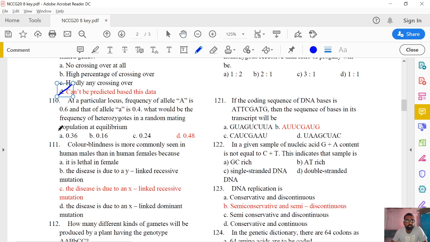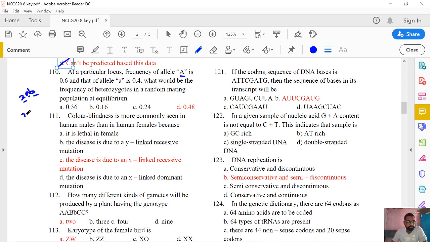At a particular locus, the frequency of A, the dominant allele, is given as 0.6 and the recessive allele is 0.4, and the frequency of heterozygotes is asked. So it is 2 into 0.6 into 0.4, so it is 0.48.